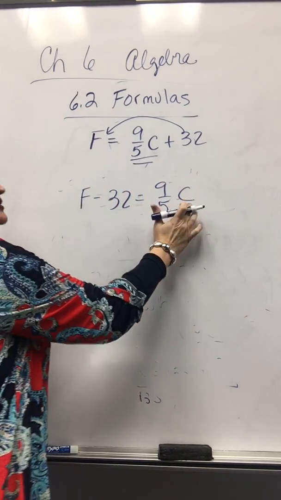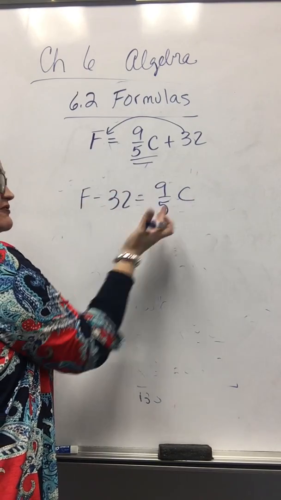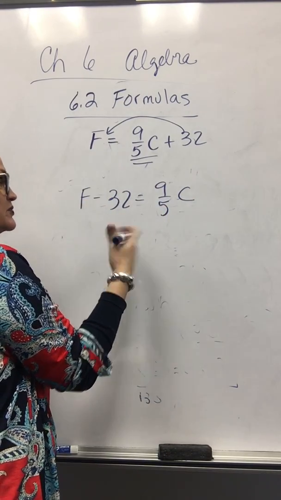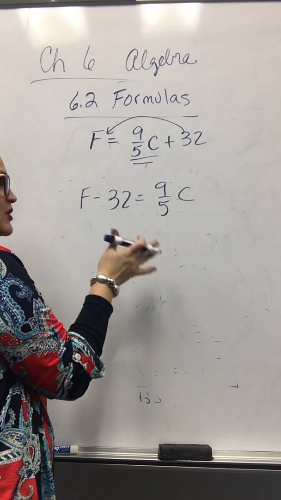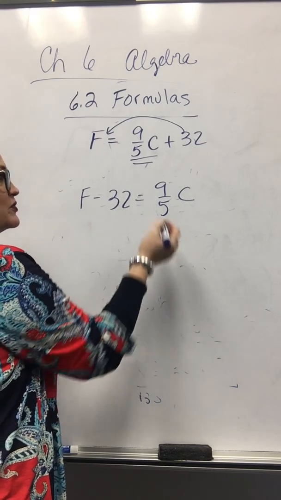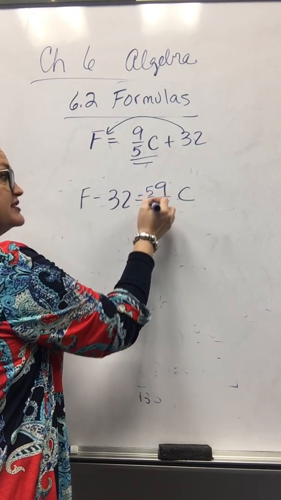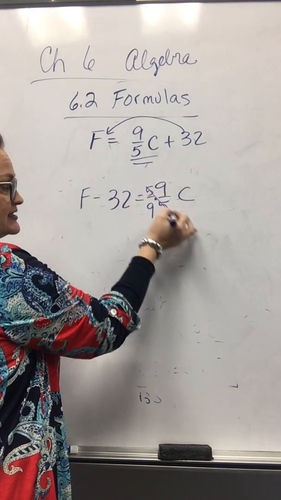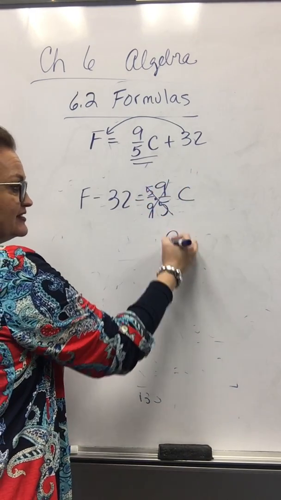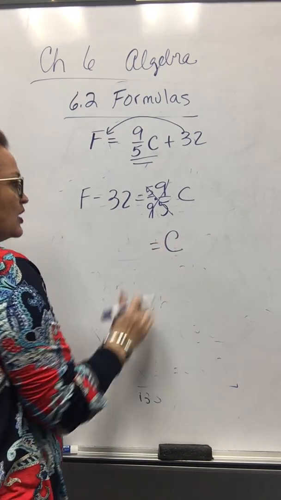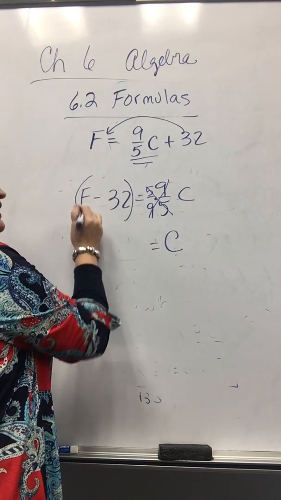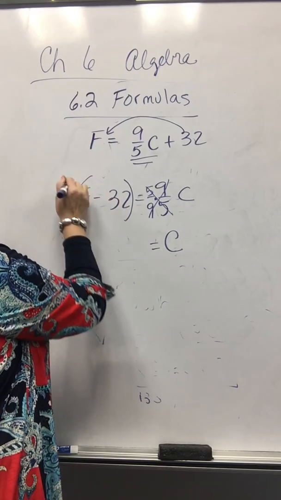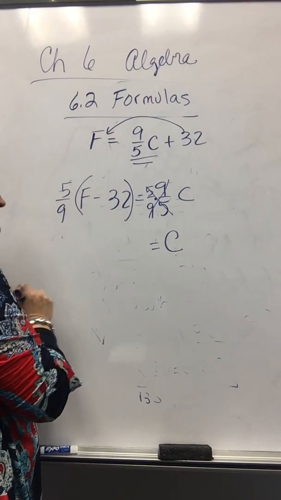Okay, and then to solve for the C, we could times by 5, a trick we learned a little bit earlier, and clear the fraction. But what we typically do, the way we see this formula, is they times it by its reciprocal, 5 ninths. If you times this side by 5 ninths, it wipes all that out and leaves C, solve for, which is the goal. Then you have to do this side, you have to do the same thing, times 5 ninths, so we times this side by 5 ninths.